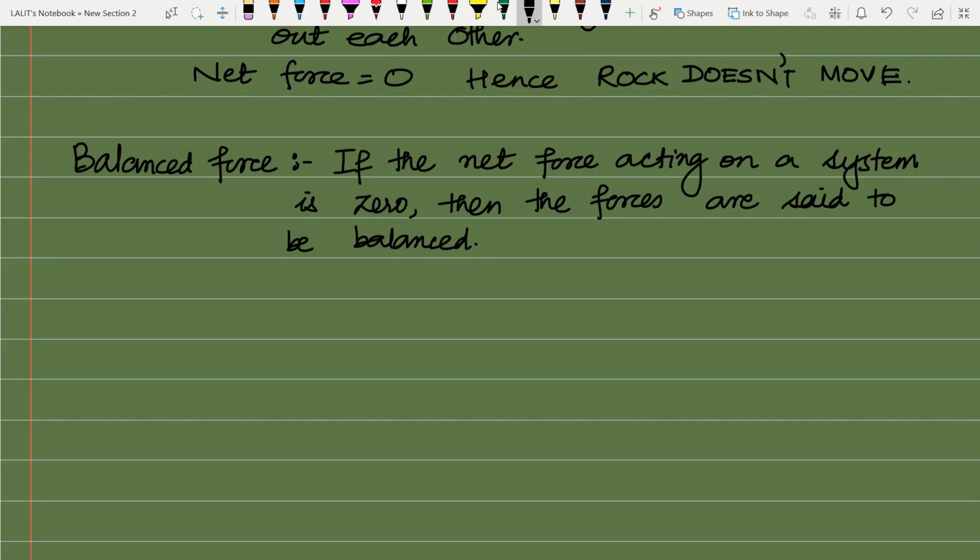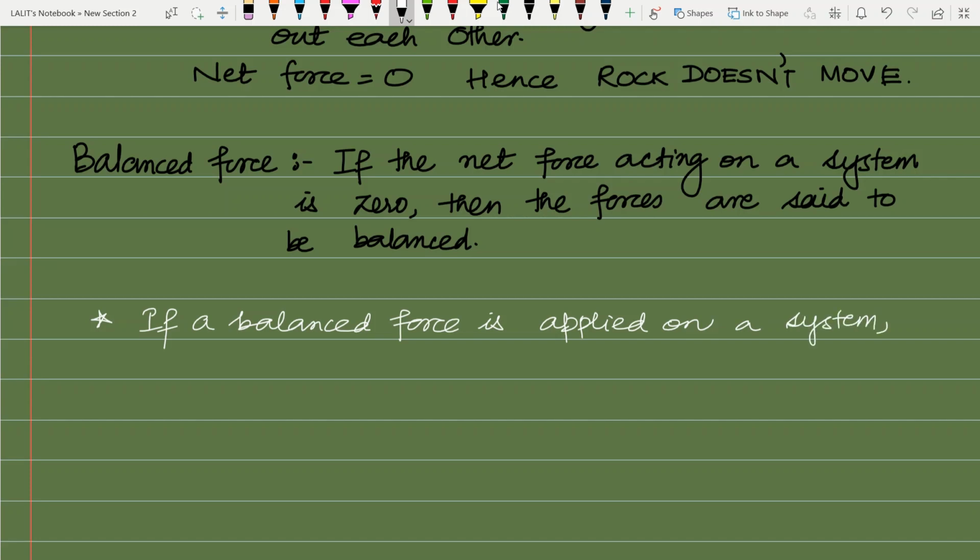So what we saw is, if a balanced force is applied on a system, there would be no change in the state of motion of the body.